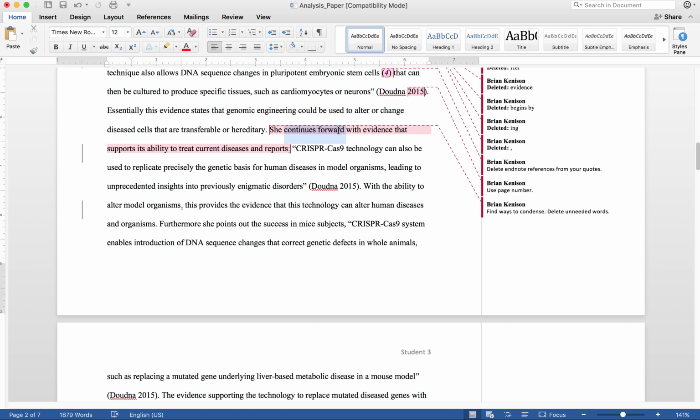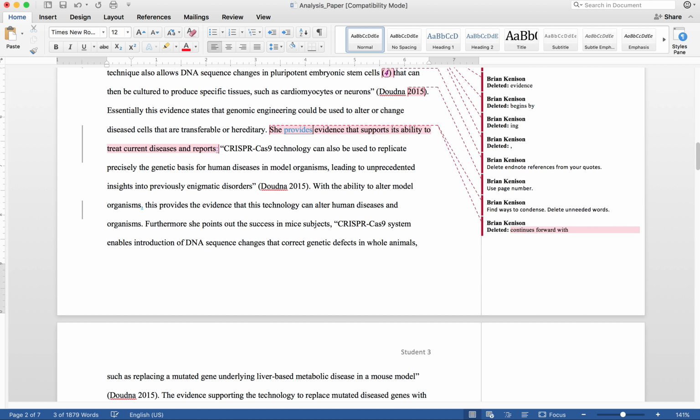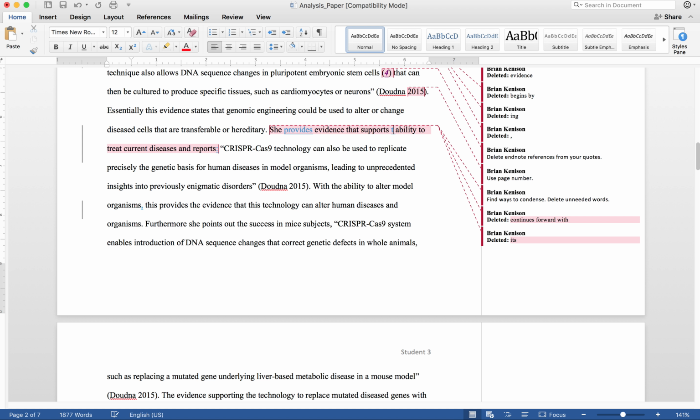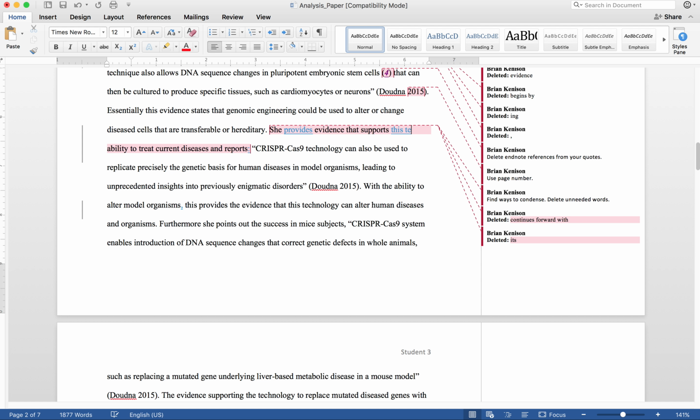You could use something like, she provides evidence that supports this technology's abilities to treat diseases.